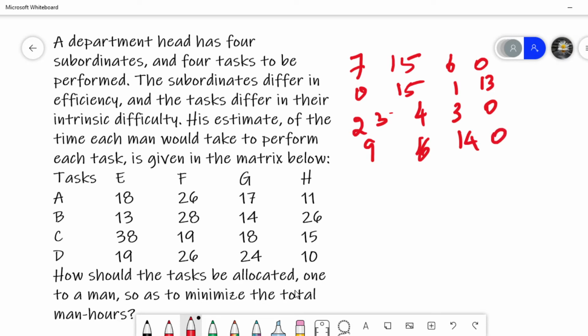Now we are going to do the column reduction: find the smallest value in each column.